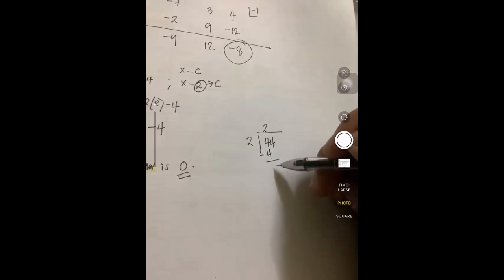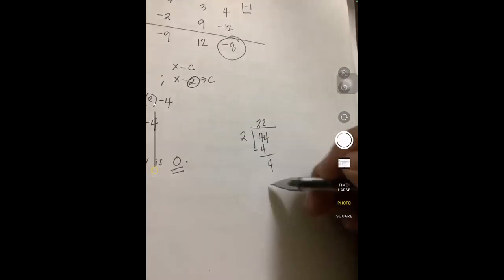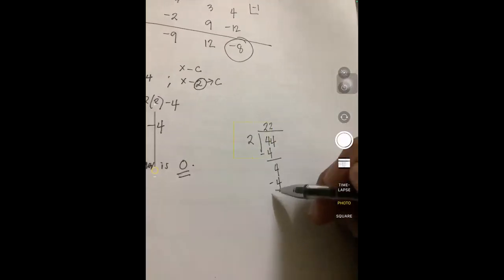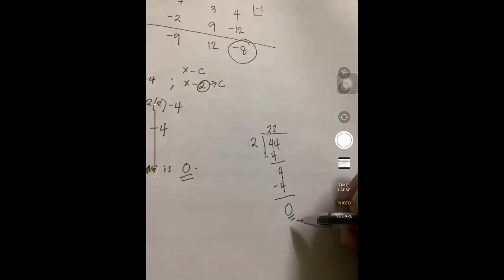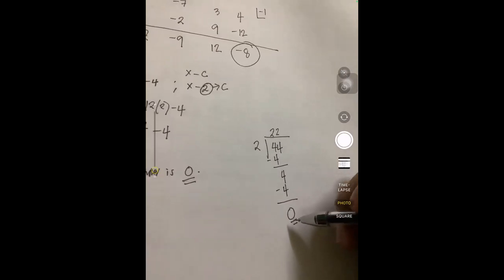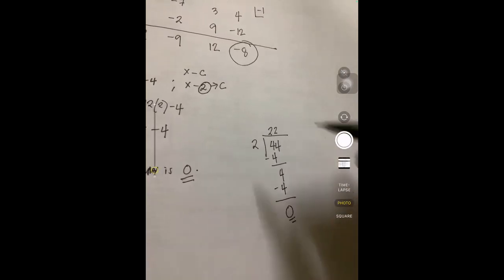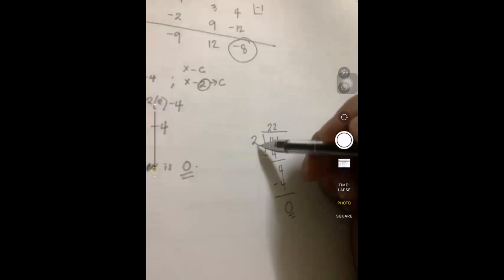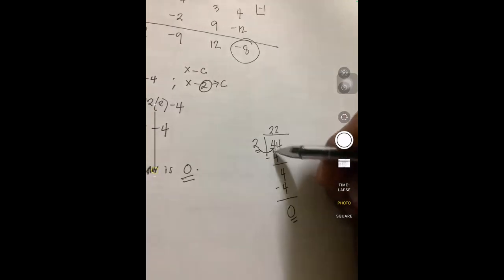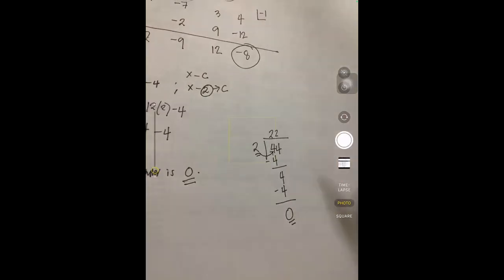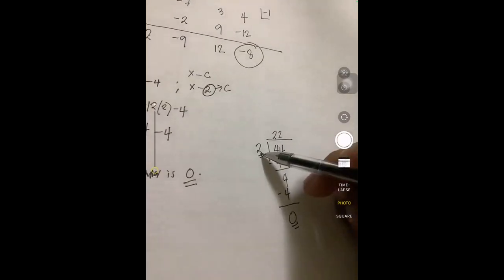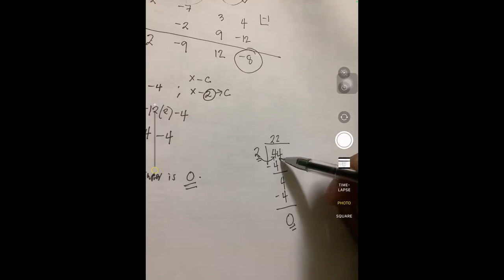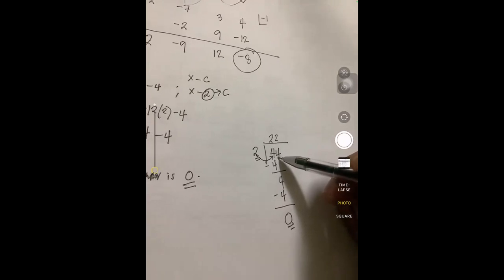Bring down 4, 2 times 2 is 4. 4 minus 4 is 0. So, it's understood na if yung remainder daw ay 0, ibig sabihin, yung number na dinivide mo is a factor of this one. So we can say that since the remainder is 0, 2 is actually a factor of 44.